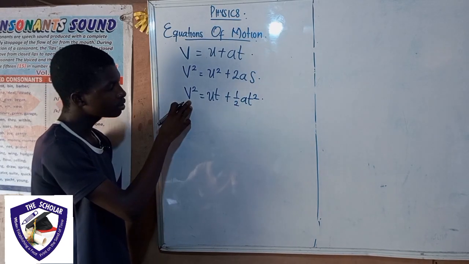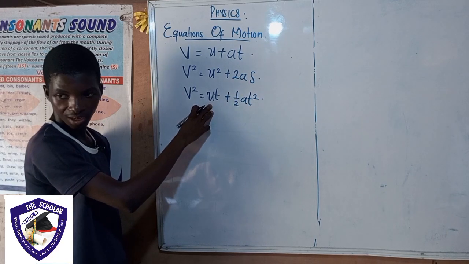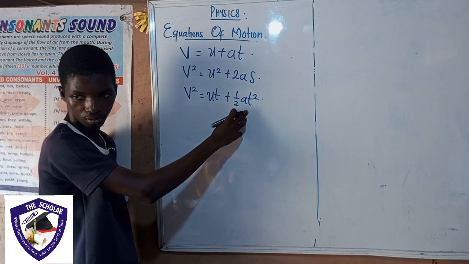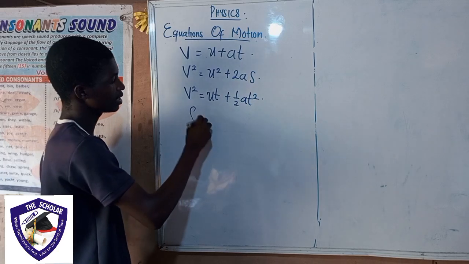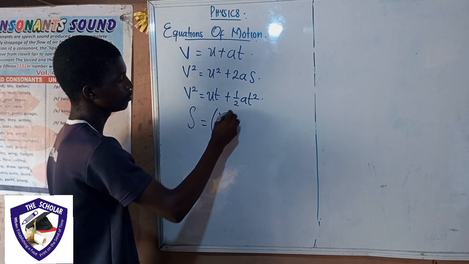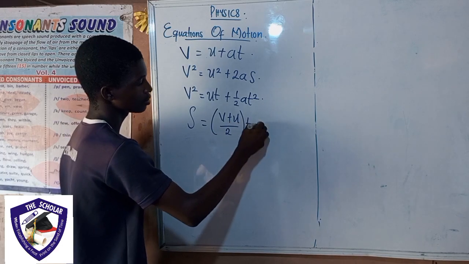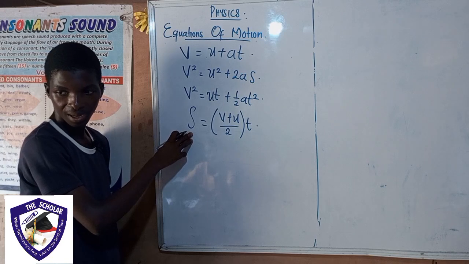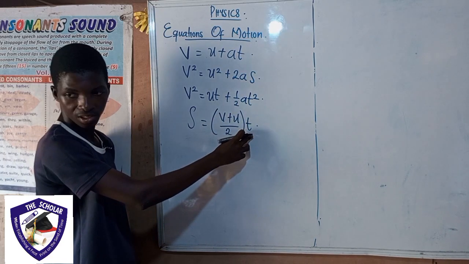Now, my V is still my final velocity, my U initial velocity, my T time, my A my acceleration. Then we have the last one, which is S equals V plus U over 2 times T. My S, which is my distance, equals V plus U over 2 times T.